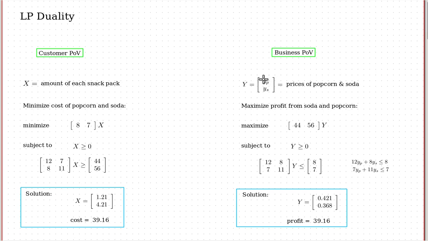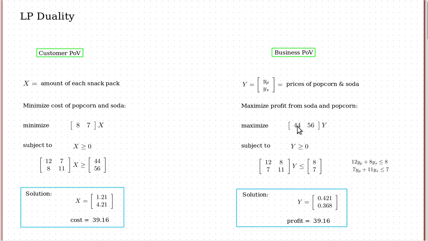So I'm going to use YP for the price of the popcorn and YS for the price of the soda. And we could ask, what prices could they set for popcorn and soda in order to, well, clearly one thing they're going to want to do is maximize profit, right? That's what a business wants to do.